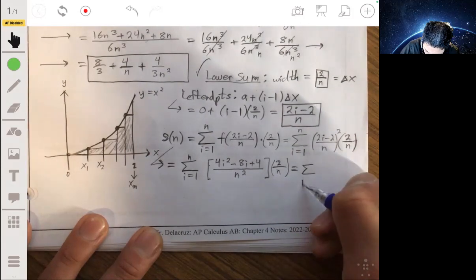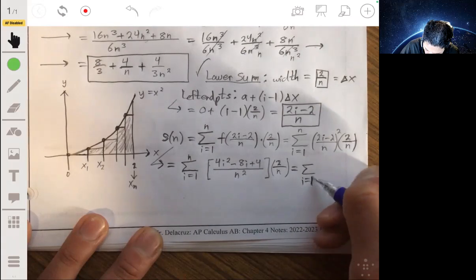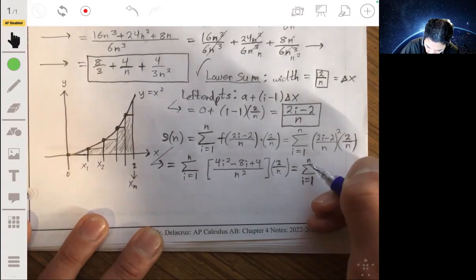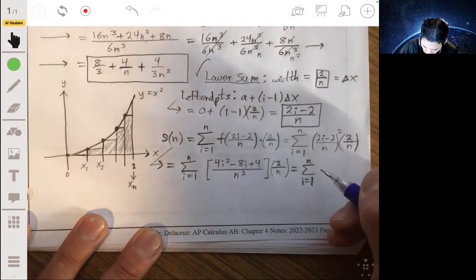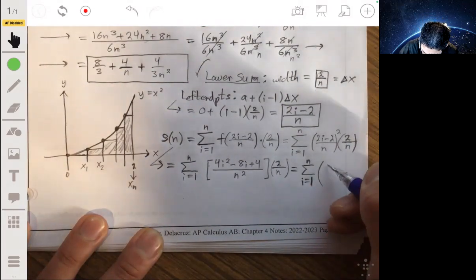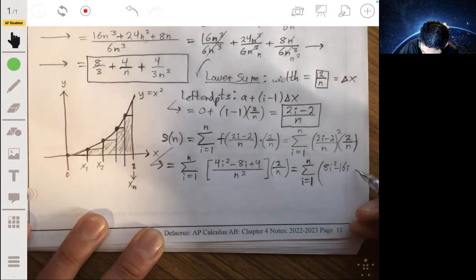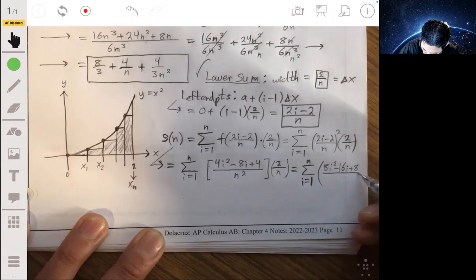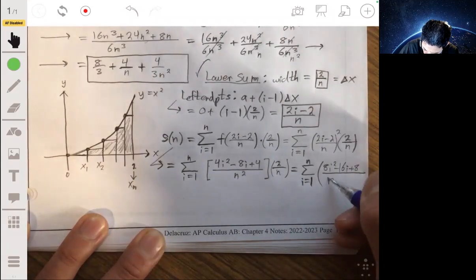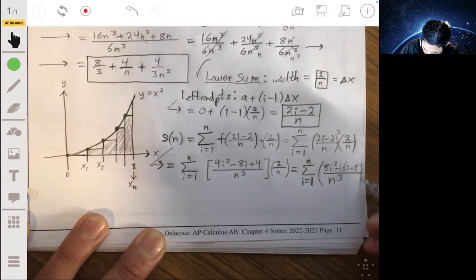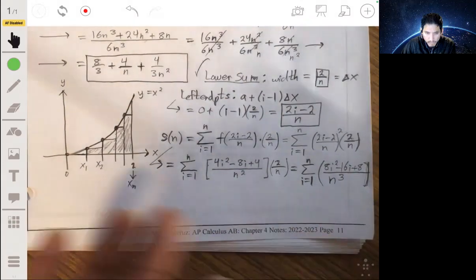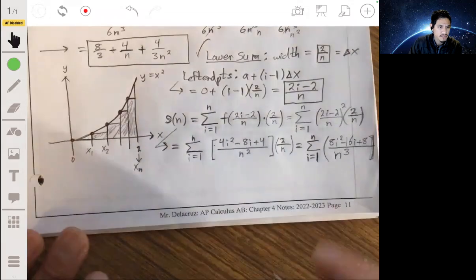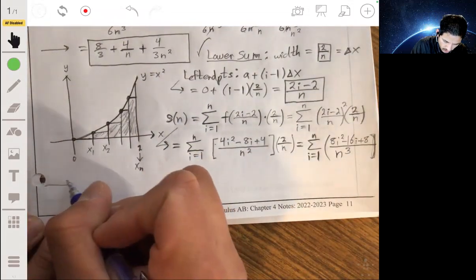Let's see if I can fit it on this page. So from i equals 1 to n, distributing that 2 to each of those, 8i squared minus 16i plus 8 all over n cubed. So far, so good.